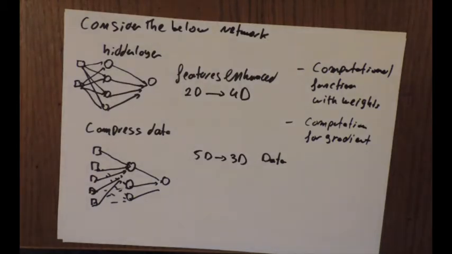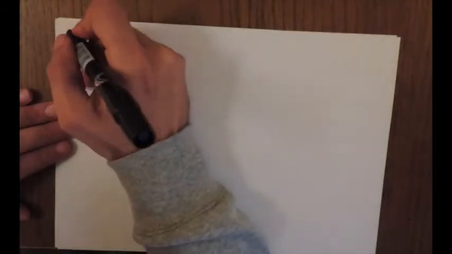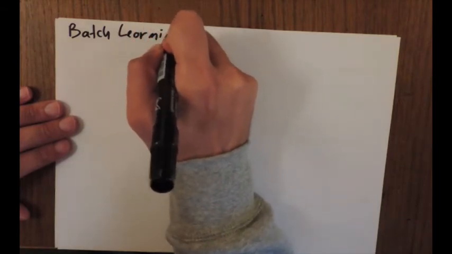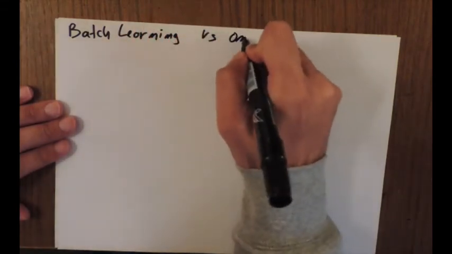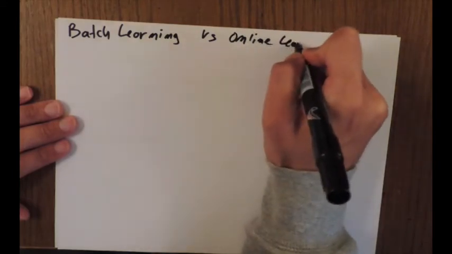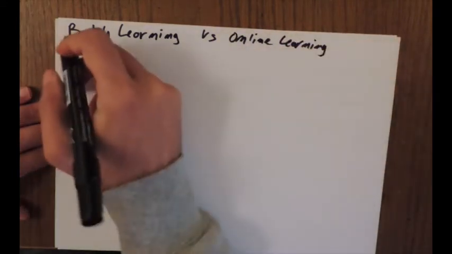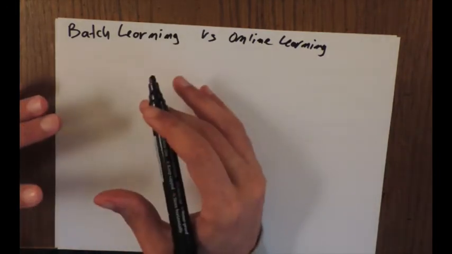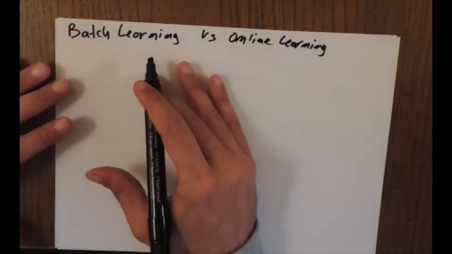So given this fact about hidden neurons, now we're going to start with how we can train this network. We have two types of training: batch learning versus online learning. With batch, as the name suggests, we deliver all the inputs at a time.